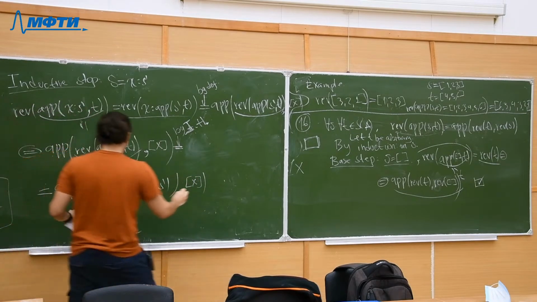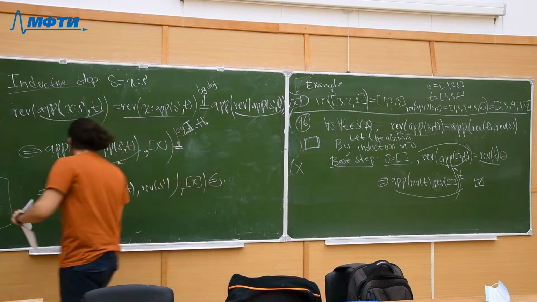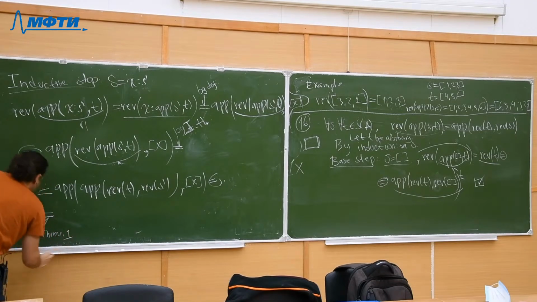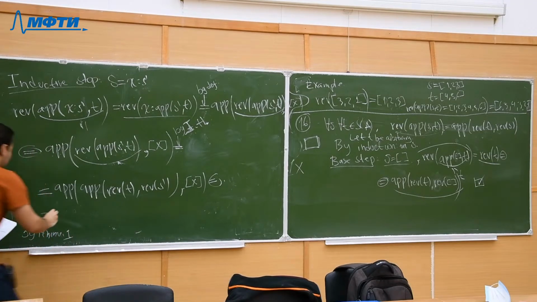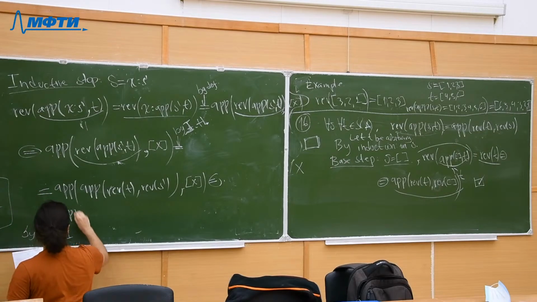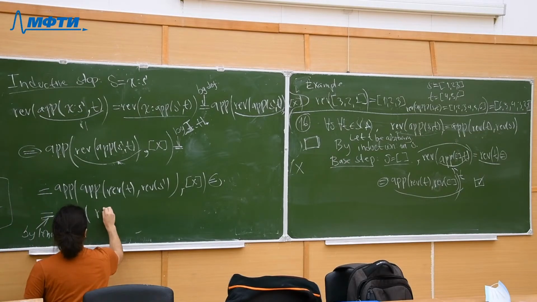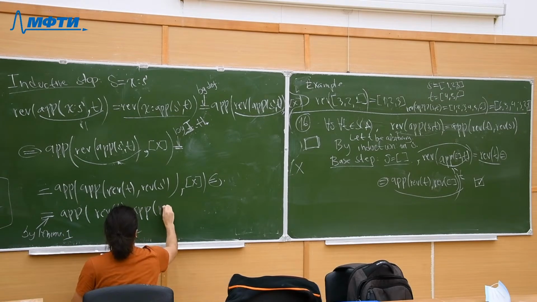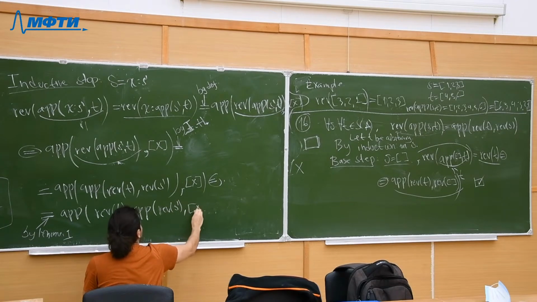And now this is equal again. This is equal by lemma 1. By this lemma, this is equal to the app of rep t, the app of rep s prime and x.